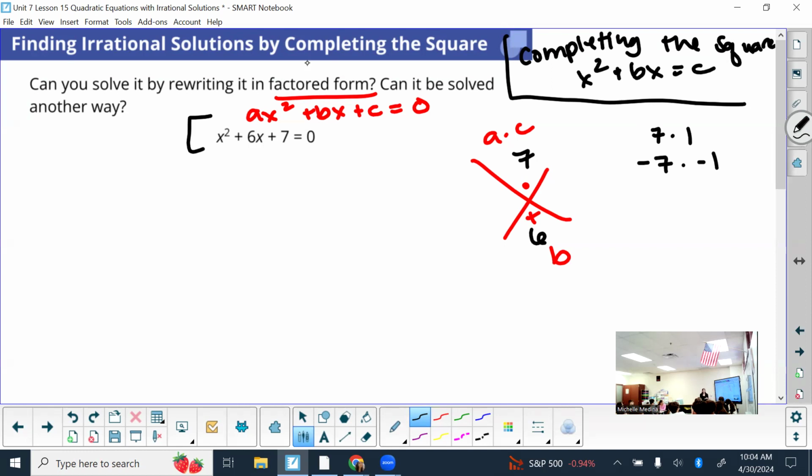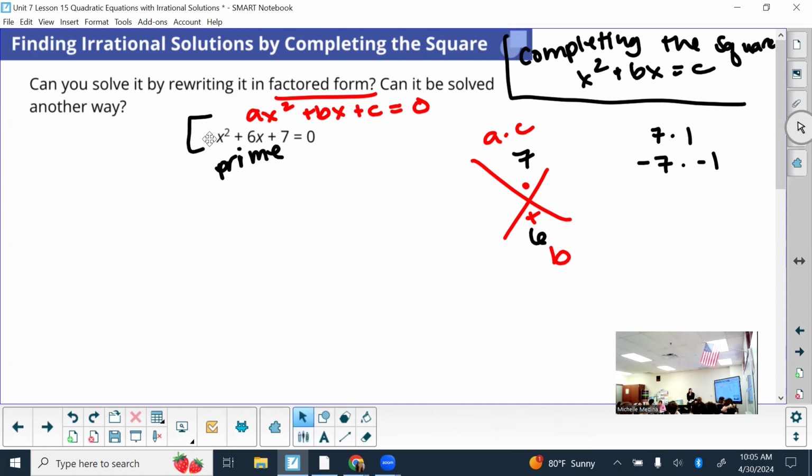So this is prime, meaning that it's not factorable, but that doesn't mean that there's no solution. They can be solved by completing the square and by graphing. And if you flip to the back side, this problem is shown on the back of your paper, and I'll put it on the screen right now, solved both ways, by graphing and by completing the square.